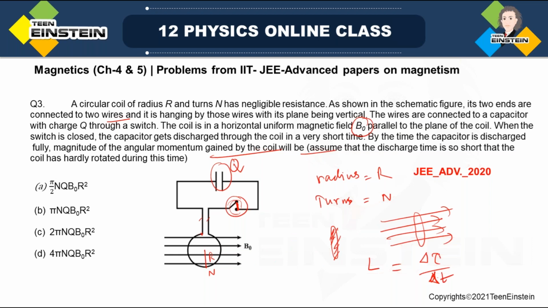We have to find out angular momentum. Angular momentum is this, and torque is what? This torque is m cross B, or mB sine theta, which you have to write in place of tau here.